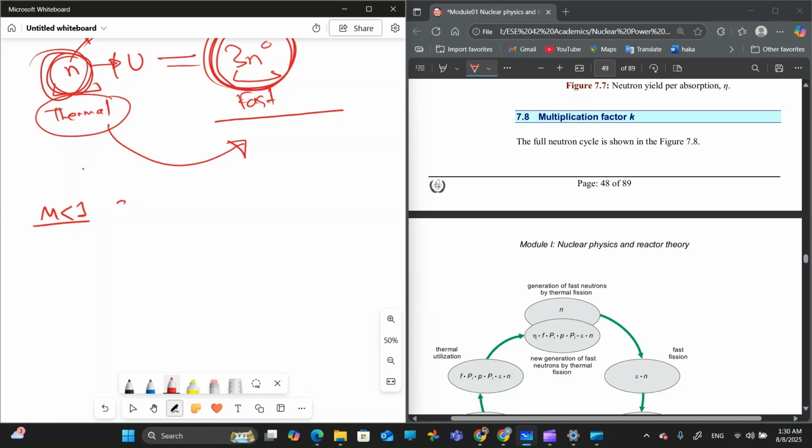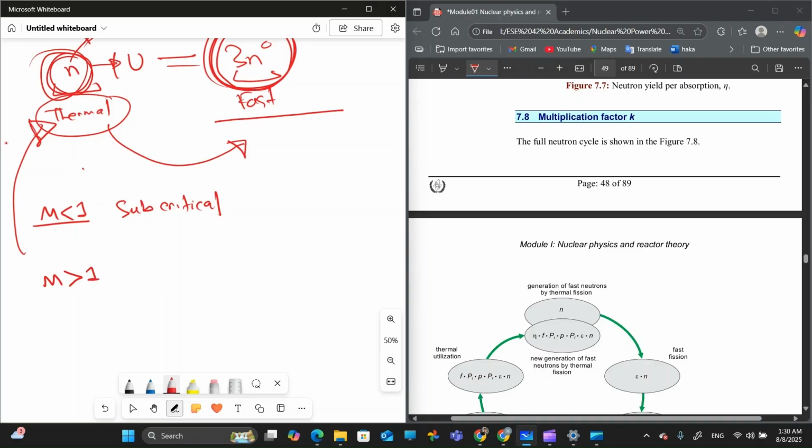So this is called subcritical. And if you have greater than 1, like in this case we have multiplication factor of 3, this fission reaction will self-sustain, but this will become uncontrollable.